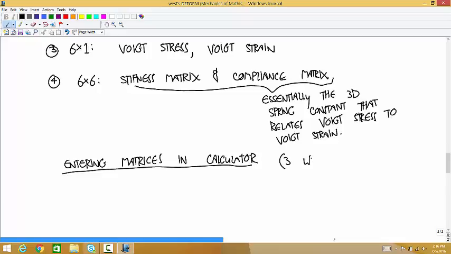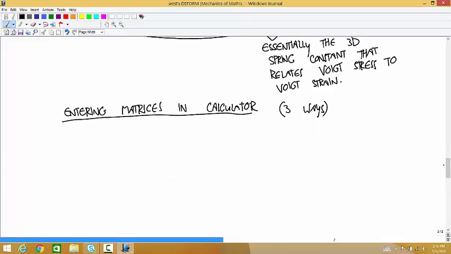There are 3 ways. The first one is some of the older TI calculators have a matrix button. Like you hit the second function, go to matrix, then go to edit once you're in there, and it'll let you put values in a matrix.